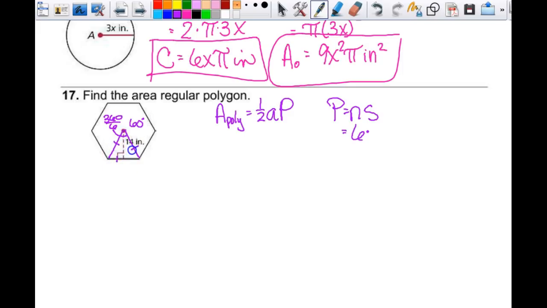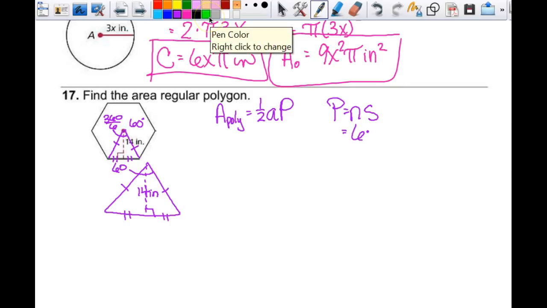These are congruent because it's an isosceles triangle, and then these pieces are congruent because the height bisects it. So then I'm going to redraw my triangle so I can actually look at what I have here. This whole big angle is 60. This is 14 inches. I know those are congruent. And then, since the whole thing is 60, this is 30, and this is 30.